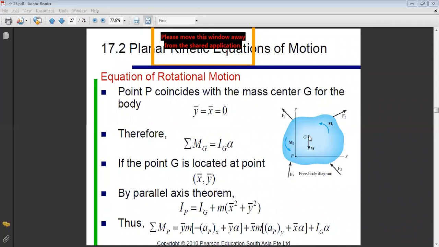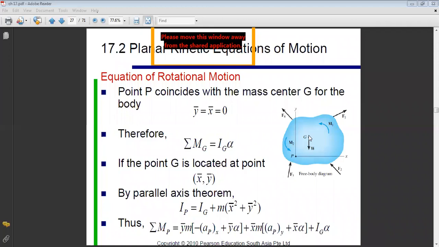So look, now what we want to try is to involve aG in this equation. To do this, we want to find what is minus apx plus y bar alpha and what is apy plus x bar alpha. To find this, we want to relate the acceleration of P to the acceleration of G in order to find the relation between the accelerations of these two points.